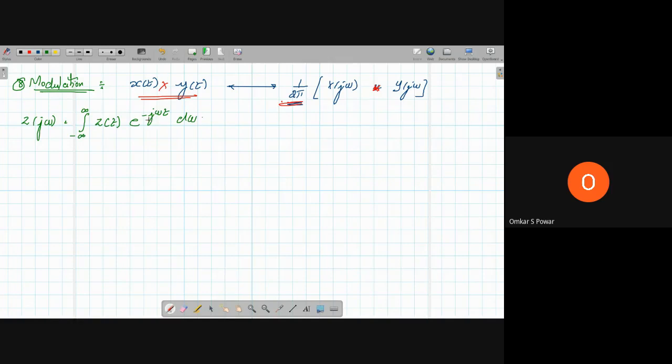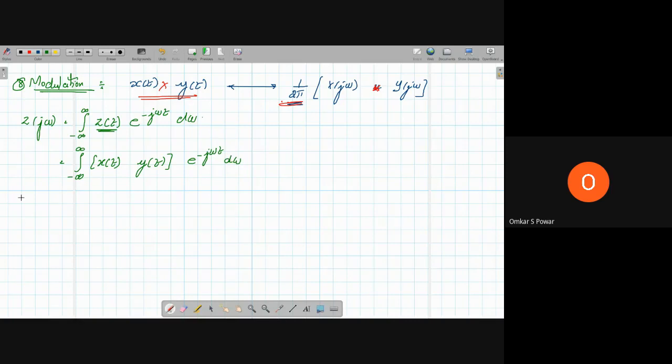Now what is your z of t? z of t is nothing but x of t into y of t. So the integral from minus infinity to infinity of x of t y of t into e power minus j omega t dt.